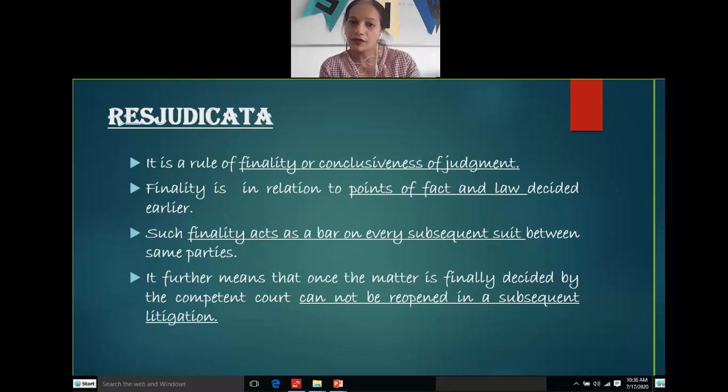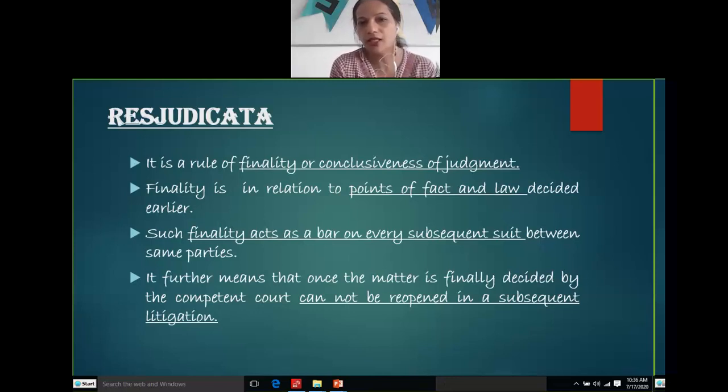So, giving finality and conclusiveness of the judgment which was already given in the same matter, and thereby we prohibit the subsequent court to entertain the matter between the same parties, saying that already the judgment has been issued in the previously filed instituted suit, and hence there is no need of going again in that particular matter, or looking back again at this particular matter.